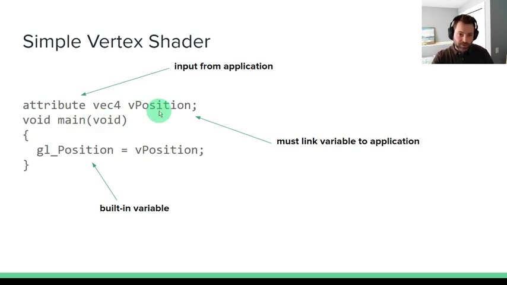But the things we haven't really talked about yet are what all these things mean here. So attribute, this means that we are getting input from our application. And if you remember, application is what we call that JavaScript file. The shaders that you write are actually like one of the last steps in the pipeline before they go off to the graphics card.